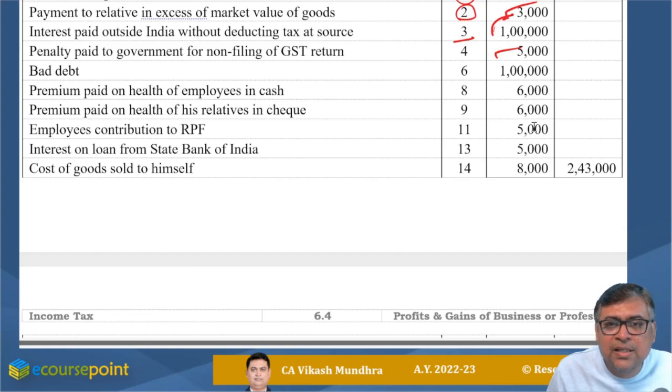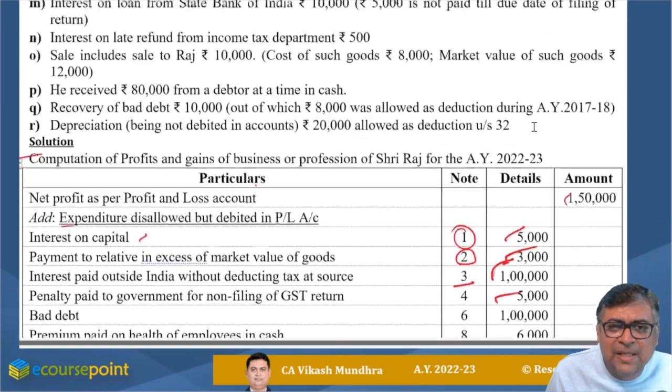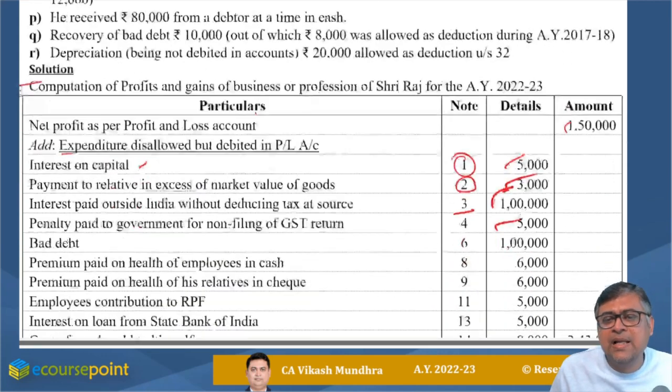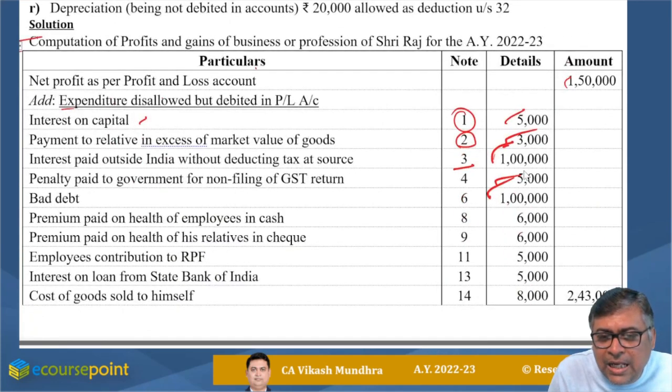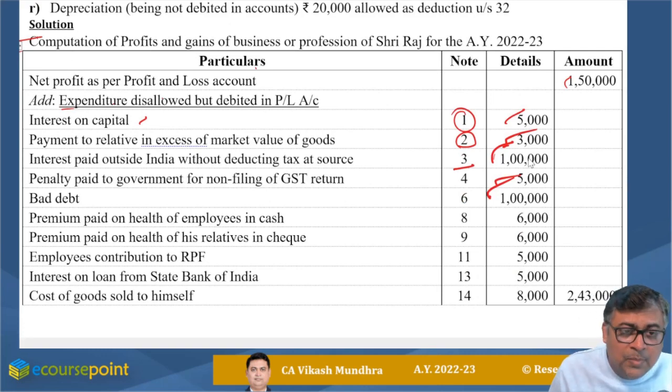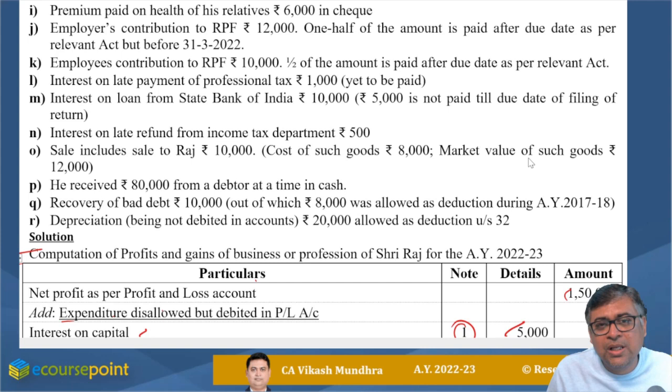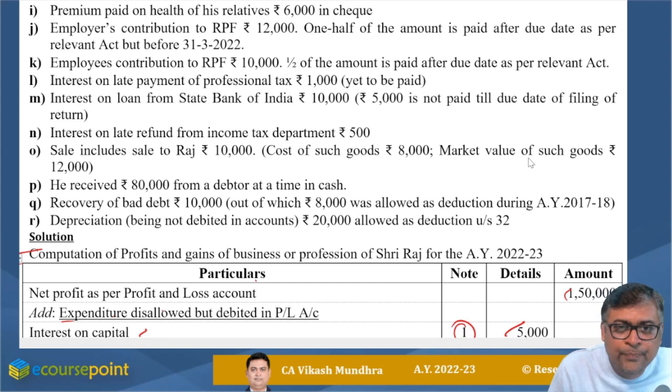I am considering this one as a disallowed expenditure, since it is a capital expenditure. If it is revenue in nature, we will surely allow it. If we consider this is a capital expenditure, I am not allowing this bad debt, and here I add back this one. If you think this is allowed, please allow, but since it is capital in nature, it is for building. If it was for supplying goods, it should be allowed. But if you think it is for capital expenditure, it should not be allowed.